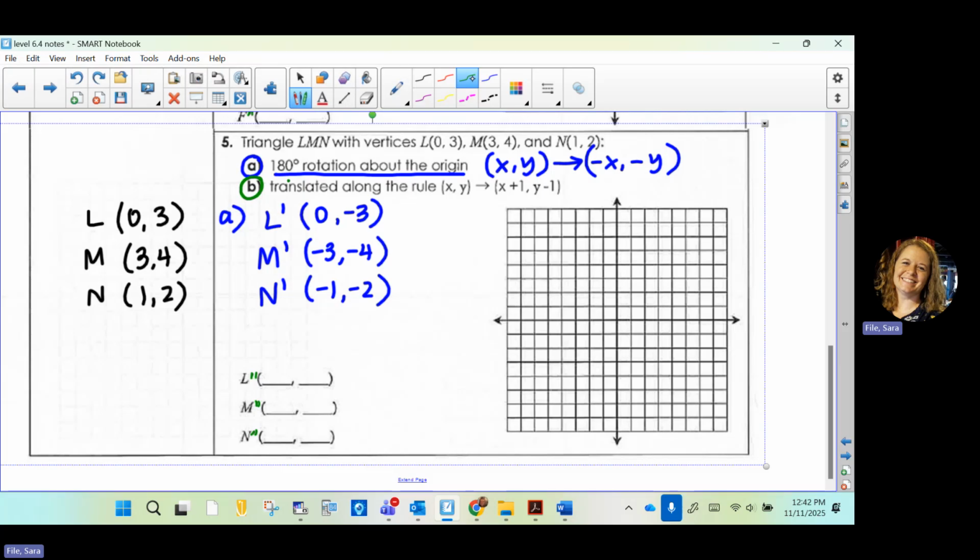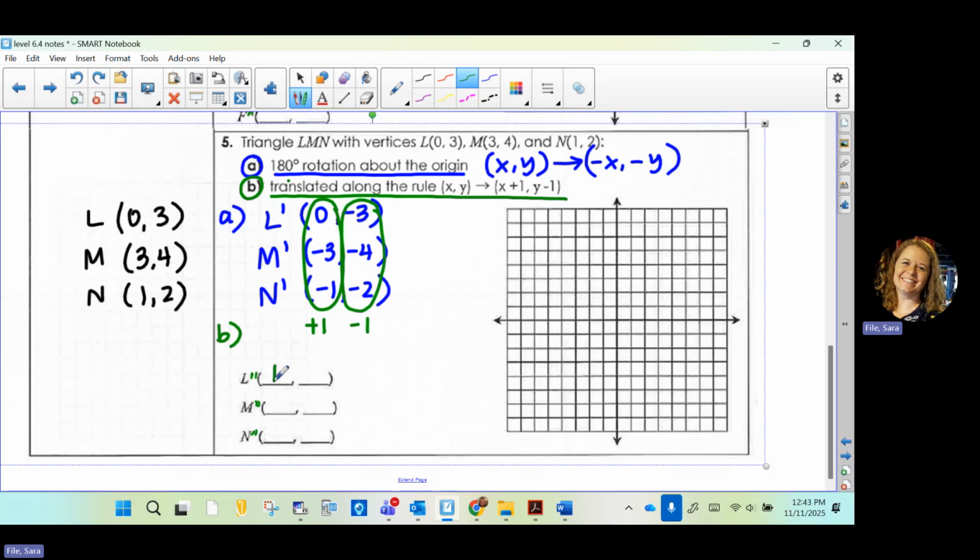Now part B, it says translate using this rule. So that is adding 1 to the x and subtracting 1 from your y's. So I'm going to take all of my x's and add 1.